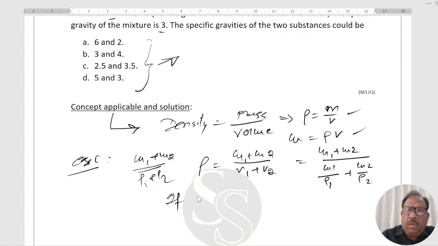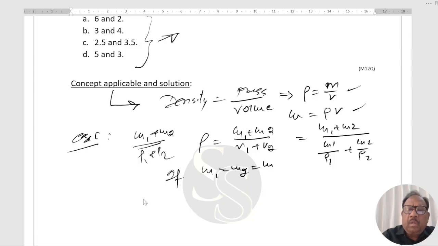If m1 equal to m2 equal to m, then this comes out to be 2 upon 1 over rho 1 plus 1 over rho 2, the density of mixture.